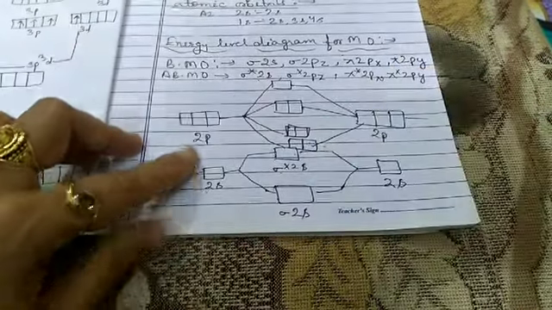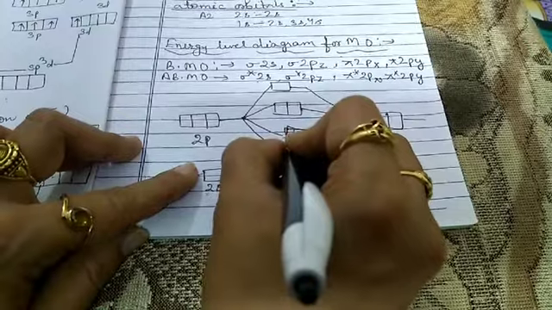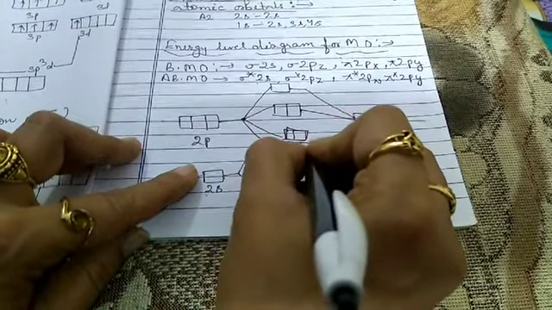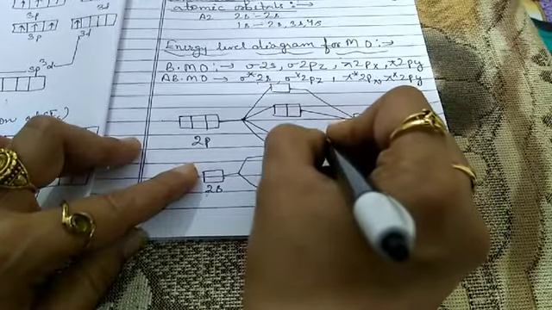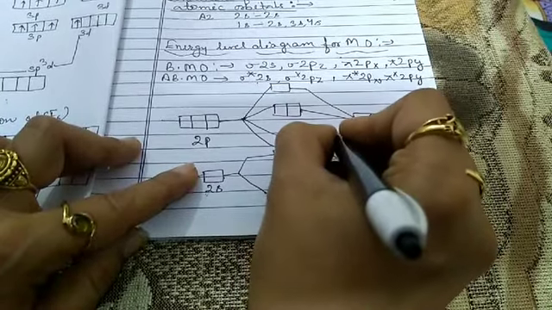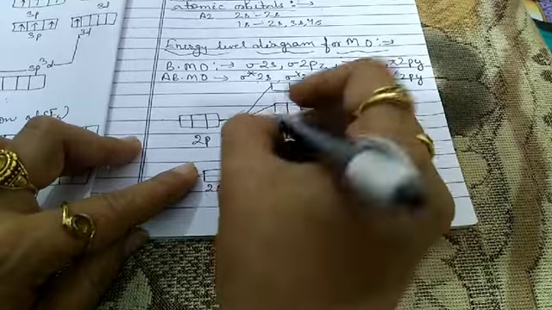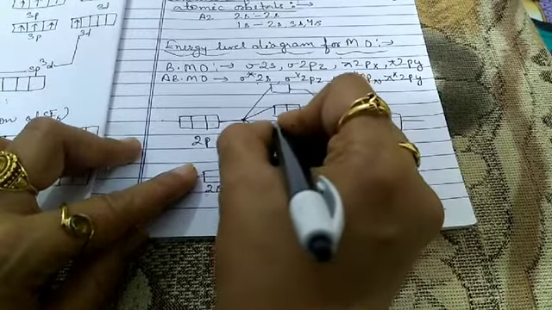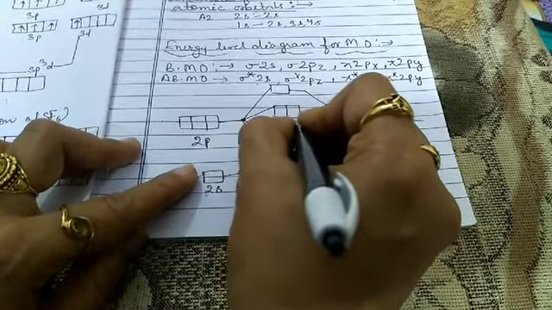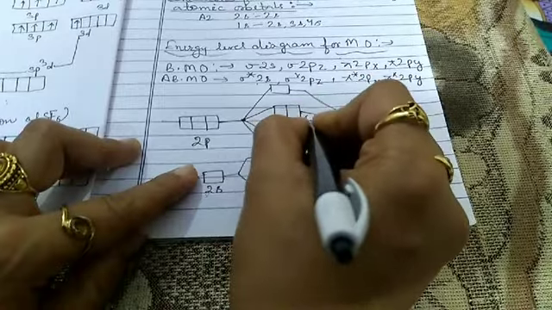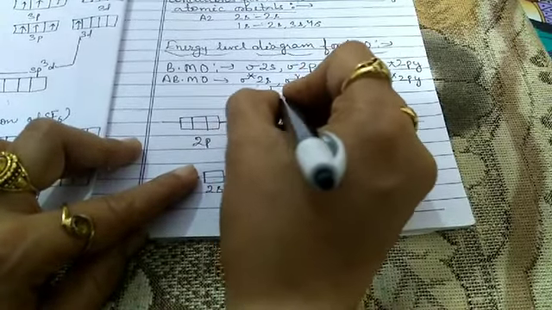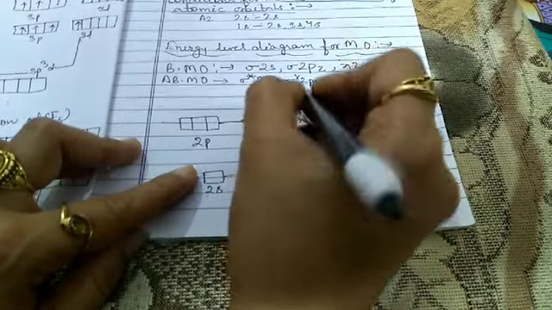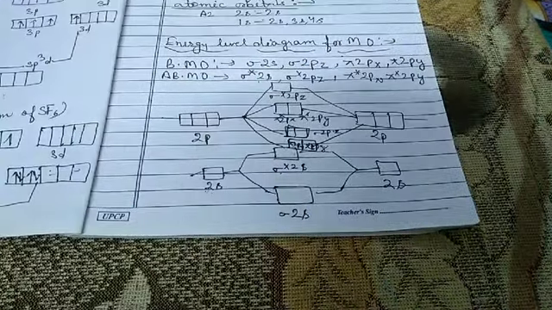So these two are the pi 2py and pi 2pz, and this one is the sigma 2pz, and this one is the pi 2px. This one is the pi anti-bonding, this is the pi anti-bonding 2py, and this one is the sigma anti-bonding 2pz. So this is the molecular orbital diagram.